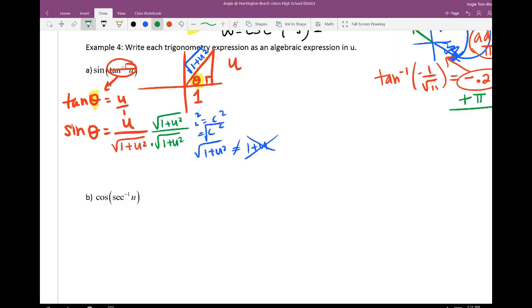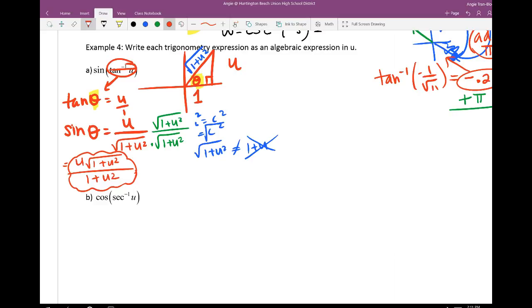On top we have u times the radical of 1 plus u squared. On the bottom it's 1 plus u squared, because the radical times the radical cancels out the radical. That is my final answer for A, with only u's left and the denominator rationalized.